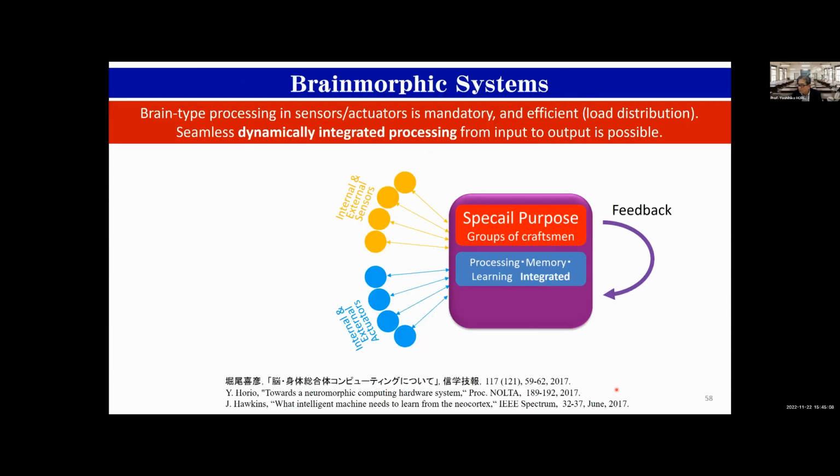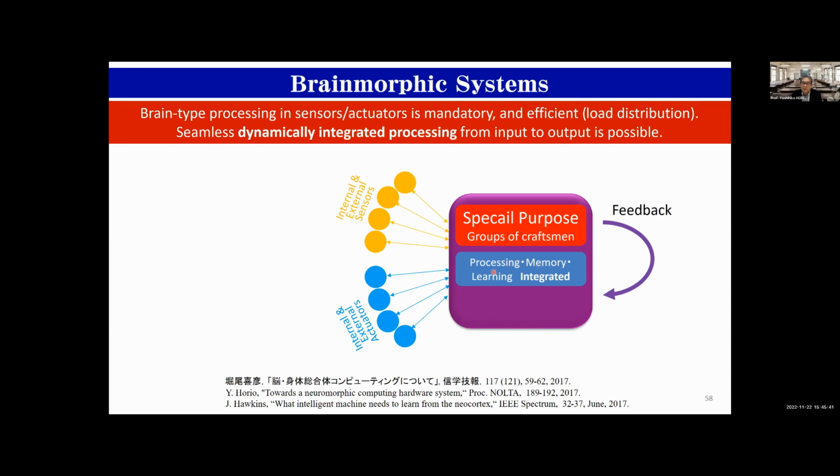For the brainmorphic systems, those sensors and actuators should also be brainmorphic. So those sensors and actuators are actually included in the brainmorphic system. And the processing core, which is the brain, should be special purpose. As I said before, there should be a group of craftsmen.